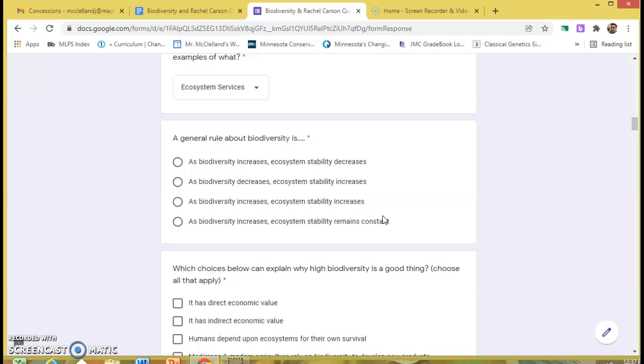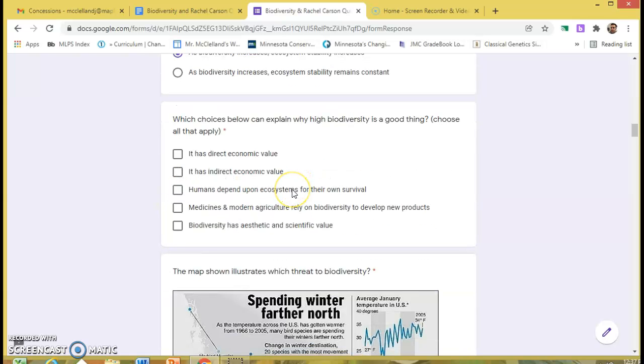A general rule about biodiversity: as biodiversity increases, ecosystem stability increases. Which choice below can explain why high biodiversity is a good thing?